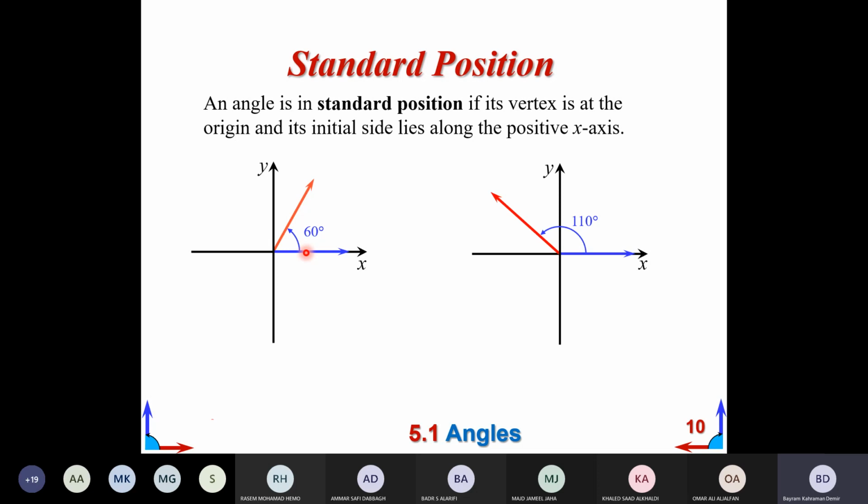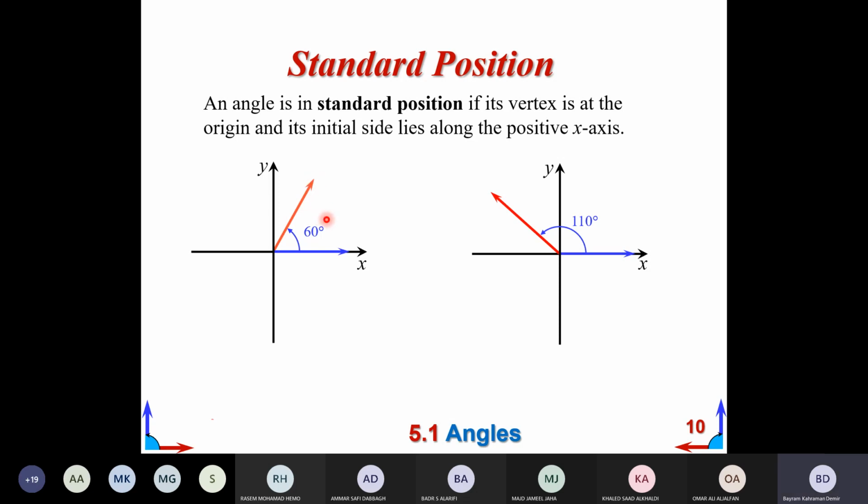And then if you go to positive direction, you go counterclockwise. Negative direction, you can go clockwise. But the initial side is always on the positive x-axis. The vertex is the origin, of course.